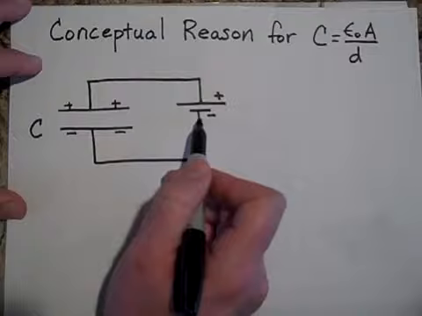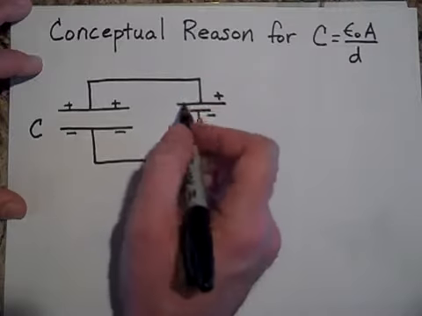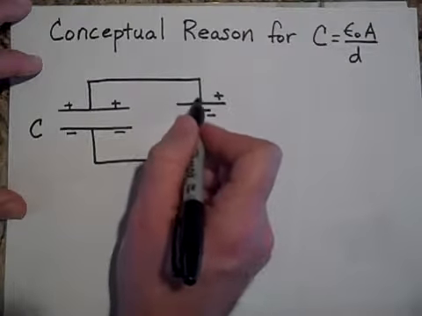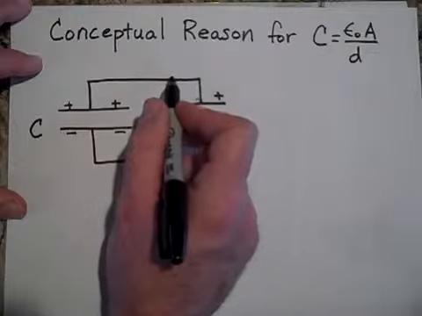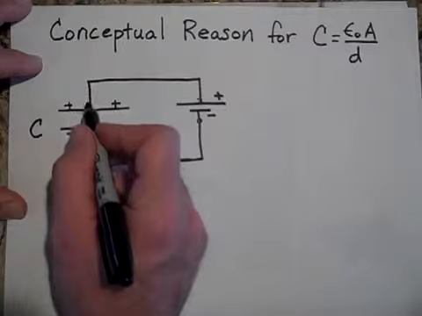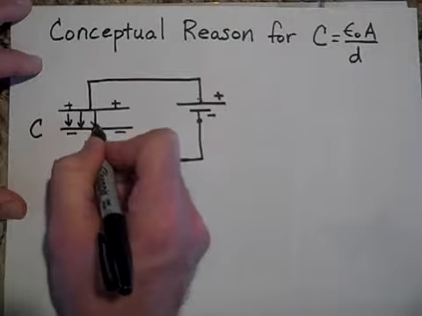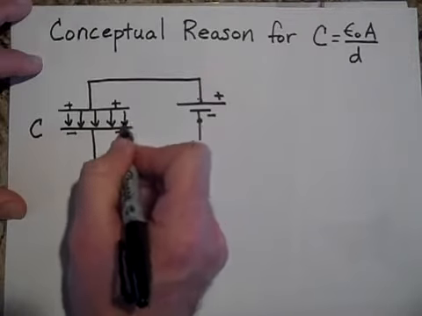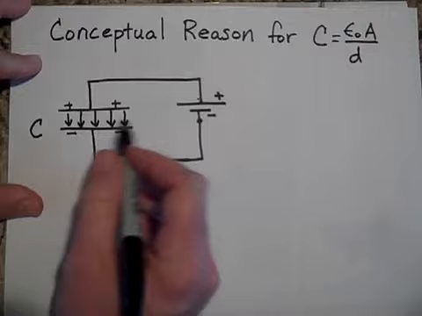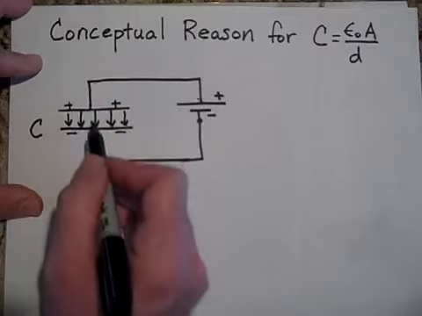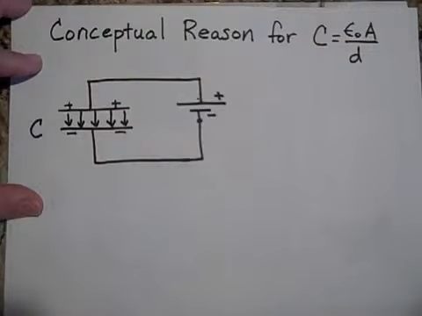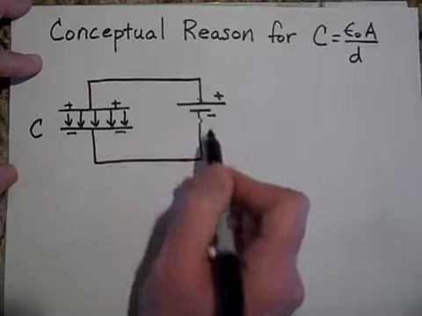Let's say this is 2 volts, so you go up 2 volts. When you drop this way, you're going down in voltage because the electric field is this way. So if you go up 2 volts, you go down 2 volts. You get 0 there.